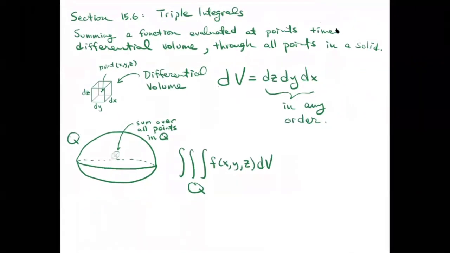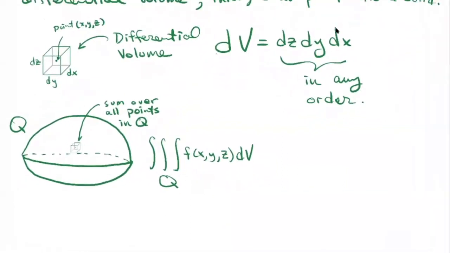And this is going to be defined as a limit, of course. It's going to be a triple sum.